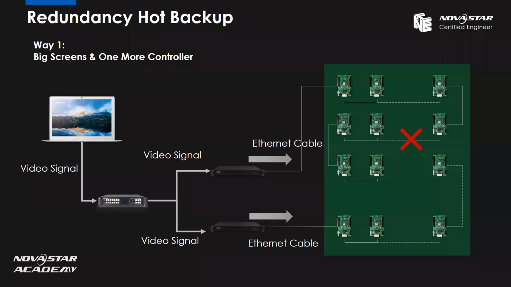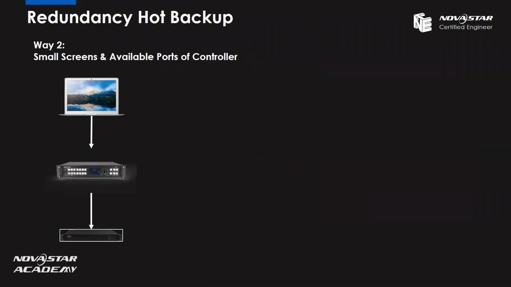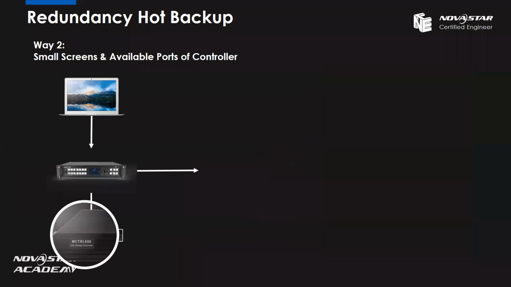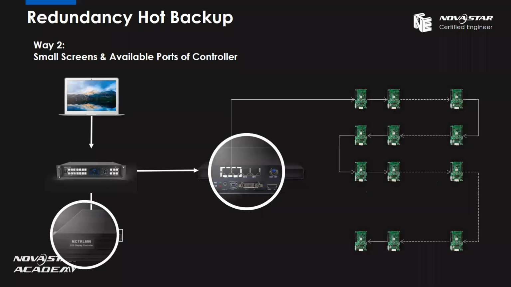can do for us. And also, in this chart, we are using two controllers for the screen. Because the screen may be too big, we need all the ports of this controller to load the screen. But in the second way, if we have a small screen, like this one, we can use only two ports to load the screen. And on the MCTRL 600, we still have two more available ports.